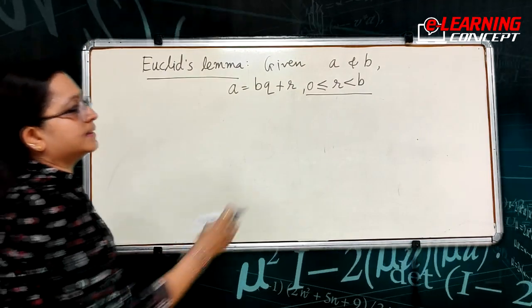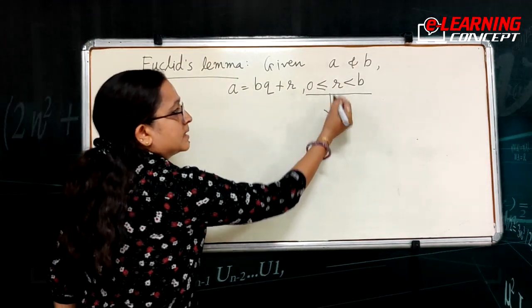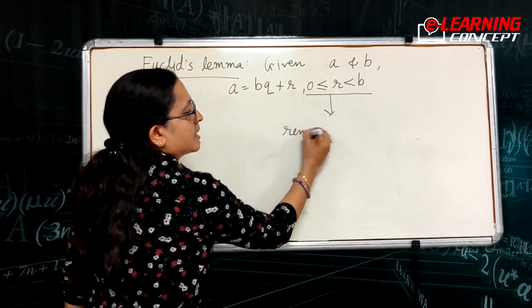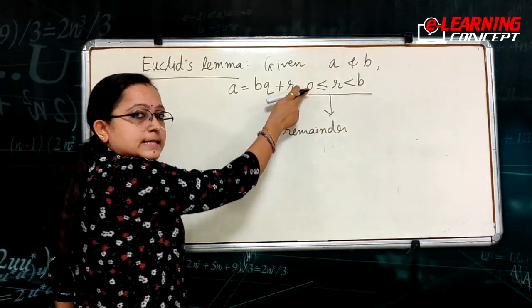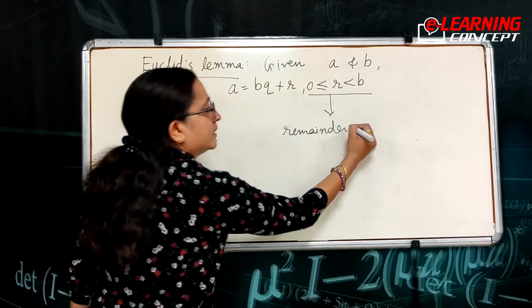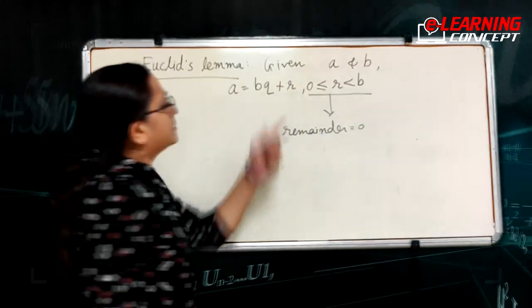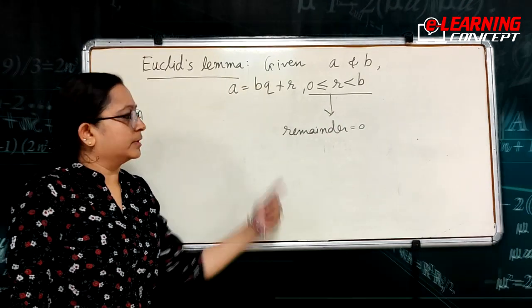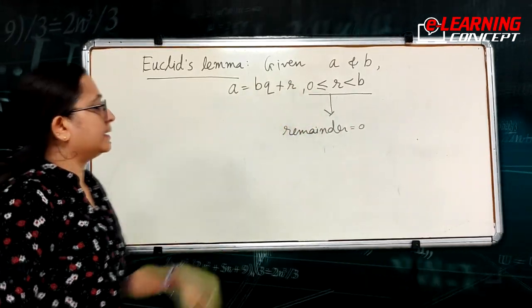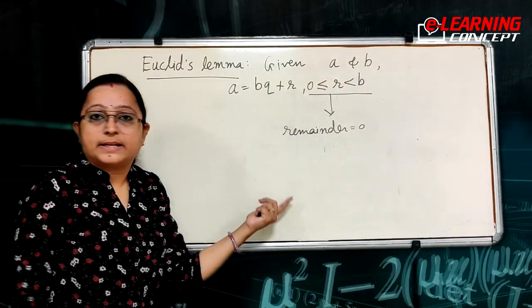So what is the meaning of this condition, that we'll see. What do you mean by this condition? Remainder can be 0. As we have taken 0 ≤ r, that means remainder can be 0, when the number is exactly divisible, we are getting remainder 0. Remainder cannot be negative.